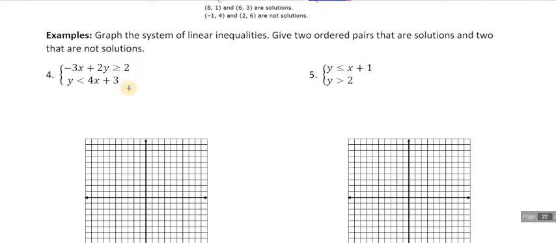So I want to put this in slope-intercept form. So I'm going to rewrite the linear inequality. And now I'm going to get y alone. So I'm going to add 3x to both sides, giving me 2y is greater than or equal to positive 3x plus 2. And then we get y completely alone by dividing both sides by 2.